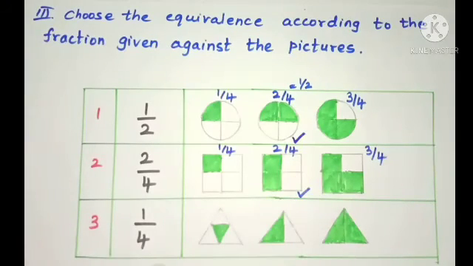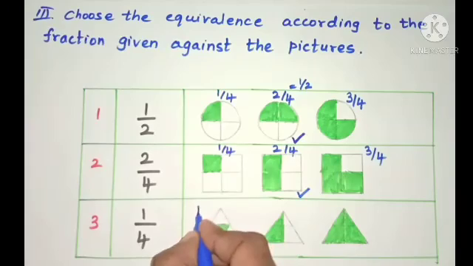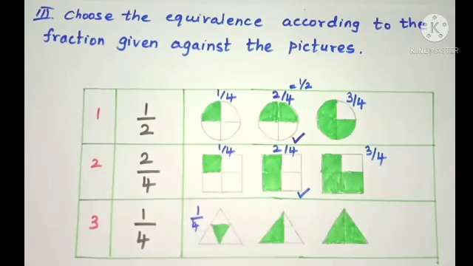And 1/4. Here, what about the first triangle? Yes, the triangle is divided into 4 equal parts. In the second triangle, it divides into two equal parts. And in the third triangle, the triangle divides into two equal parts. What is the fraction of shaded portion? Here 1 over 4. 1 out of 4. 1 by 4.